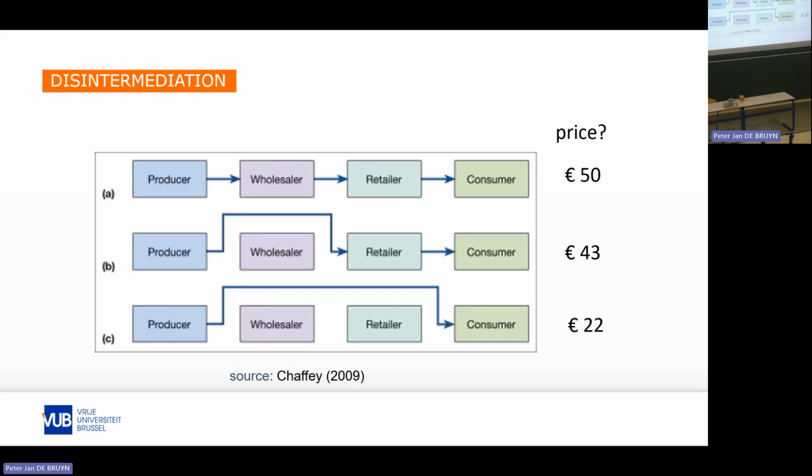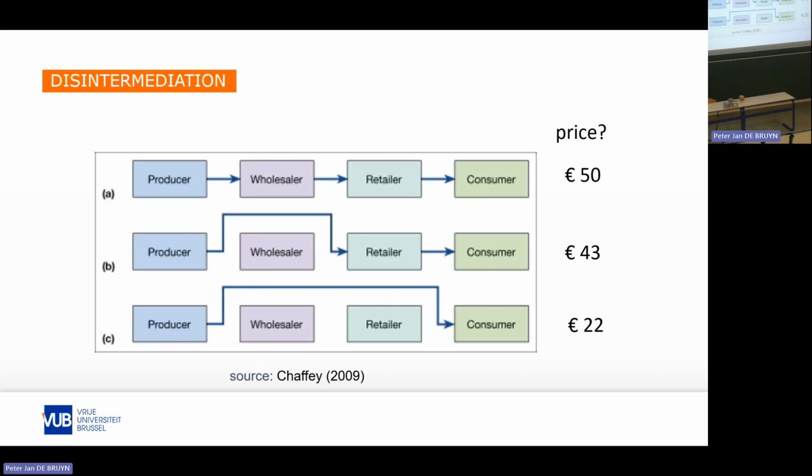We're going to make our sale directly to the retailer, or even better, directly to the consumer. That's possible with e-commerce because you could create an app or a platform, a website, where the consumer is able to directly consult the website of the producer and can therefore avoid the wholesaler and the retailer.